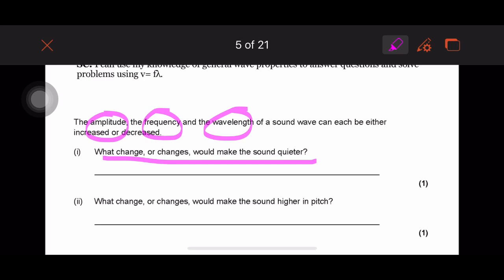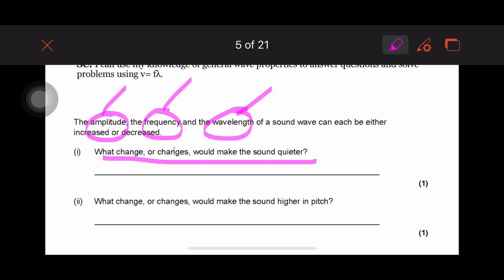Yesterday I talked about loud sound and soft sound, and what quantity was that? Was it amplitude? Was it frequency? Was it wavelength? I think that was about amplitude. The higher the amplitude, the louder the sound. The lower the amplitude, the quieter or softer the sound.